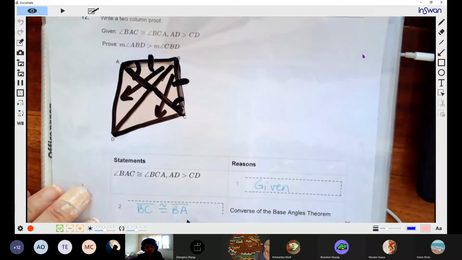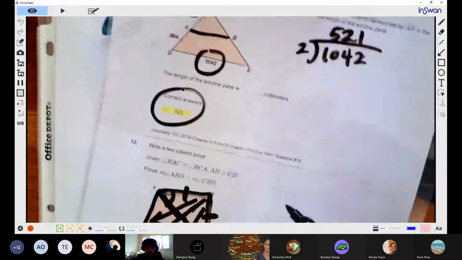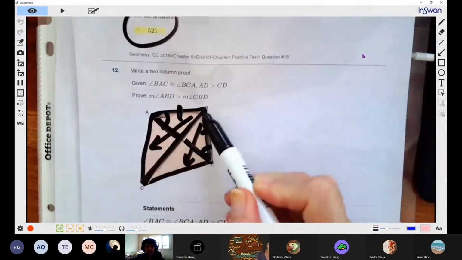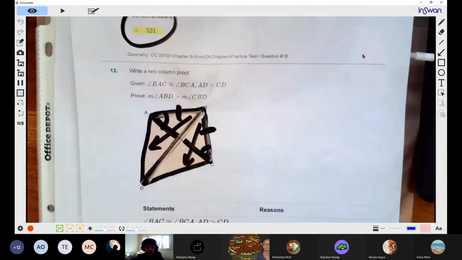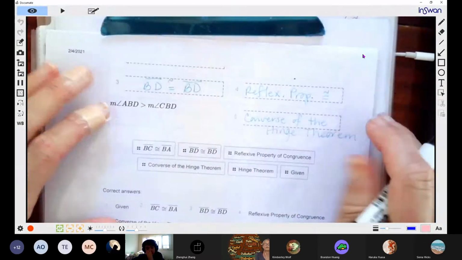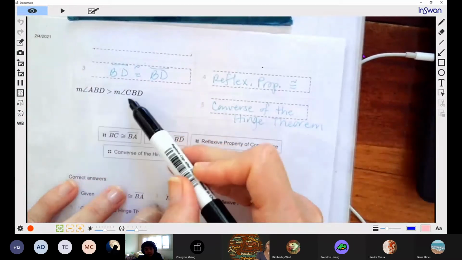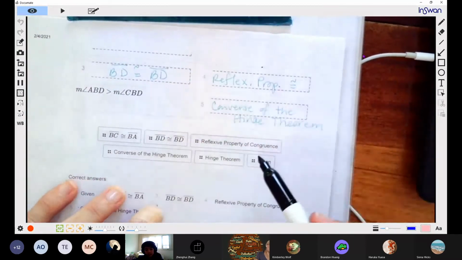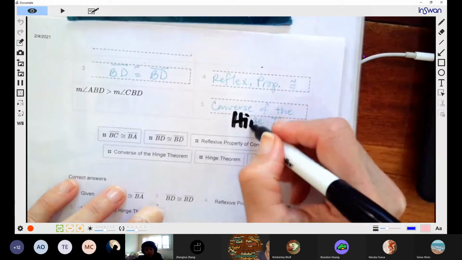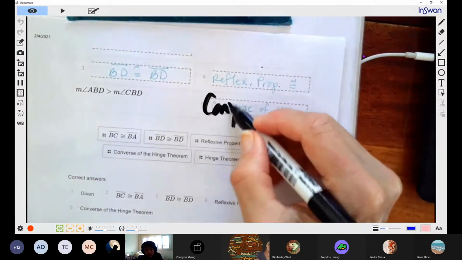That's BC is congruent to BA. And then, because you have this, and I always tell you if something's connected, use it. So the next one is BD is congruent to BD by the reflexive property. And then last, you can say that this angle is greater than this angle by the converse of the hinge theorem. The converse of the hinge.